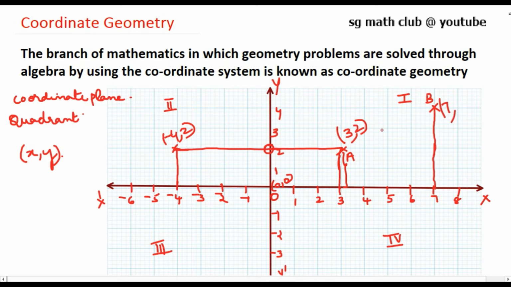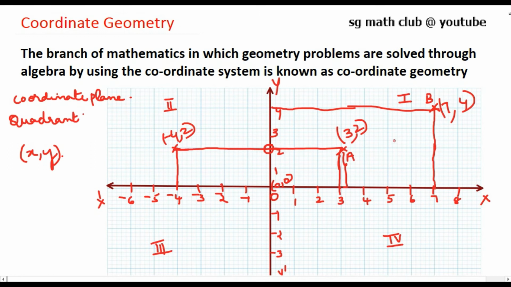If you do it by distance, you will get the same answer: the distance of a point from the y-axis will be your x coordinate, and the distance of a point from the x-axis will be your y coordinate. If you measure this distance, it is 4, or you draw a perpendicular line and see where it touches the y-axis, that point will be your y coordinate. And the coordinates of the origin are (0, 0).